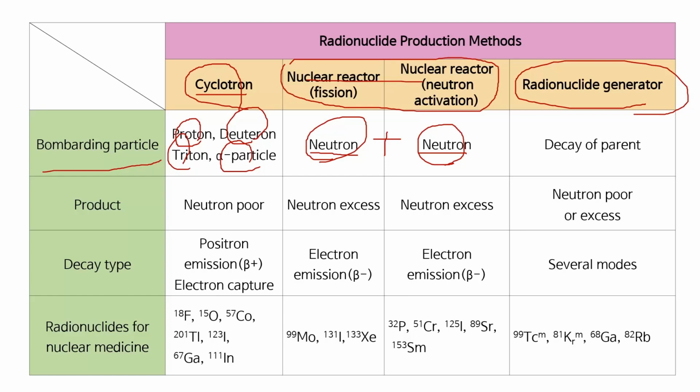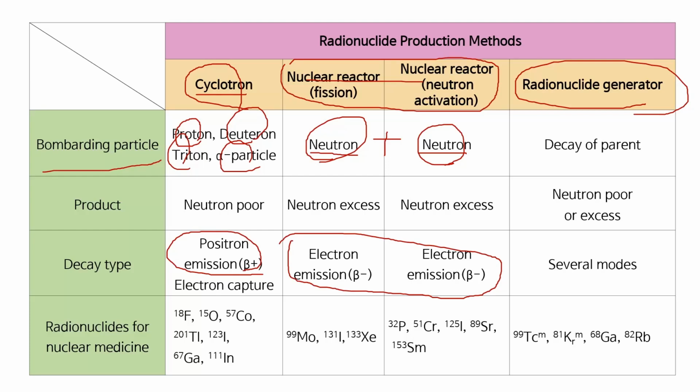In the cyclotron, we can generally obtain a positron emission radionuclide, and in the nuclear reactor, we can obtain the electron emission radionuclide.